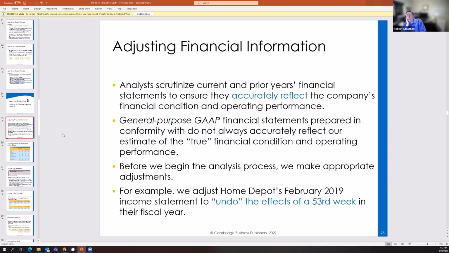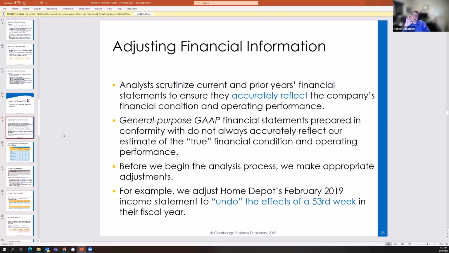Okay, so as you're doing your analysis, and as the credit rating agent is doing the analysis, they very rarely take the numbers as is. You have to adjust them. There's lots of reasons why you have to adjust the numbers to make them useful. One of the weirdest ones is that some financial statements are based on a 53-week year, and it's common in retail.